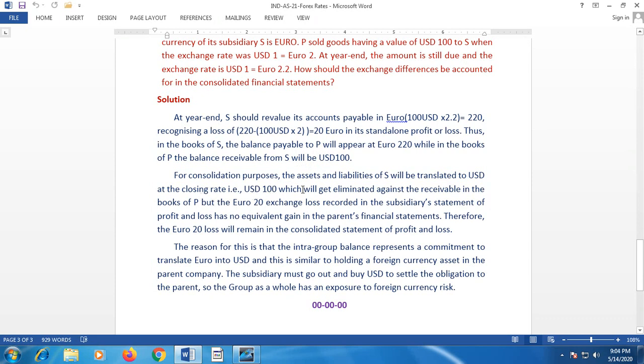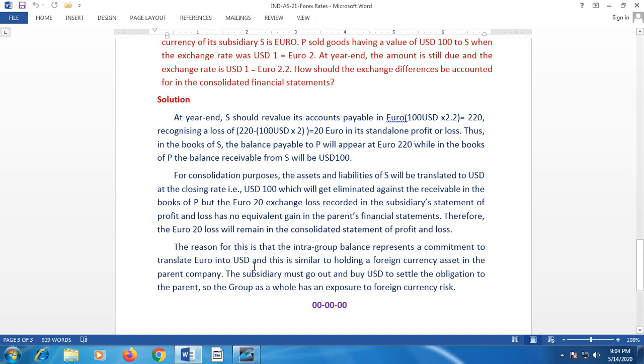For consolidation purposes, the assets and liabilities of S will be translated to US dollar at the closing rate, that is US dollar 100, which will get eliminated against the receivables in the books of P. That means, while preparing the consolidated balance sheet, the mutual owings are to be cancelled. But the euro 20 exchange loss recorded in the subsidiary's statement of profit and loss has no equivalent gain in the parent's financial statements. Therefore, euro 20 as a loss will remain in the consolidated statement of profit and loss.